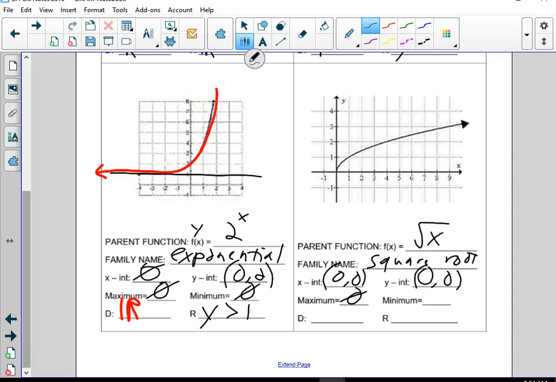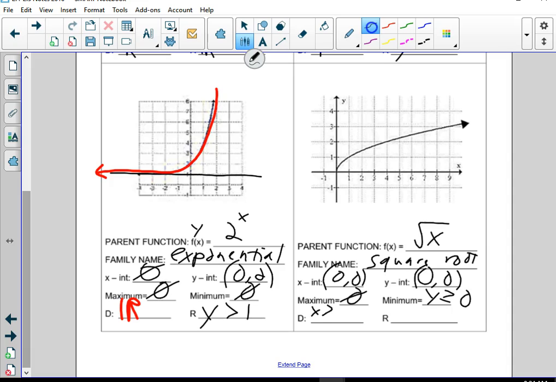The minimum. Well, so y is greater than or equal to 0. Okay? Now, the domain. How far left does it go? What's the cutoff? 0.